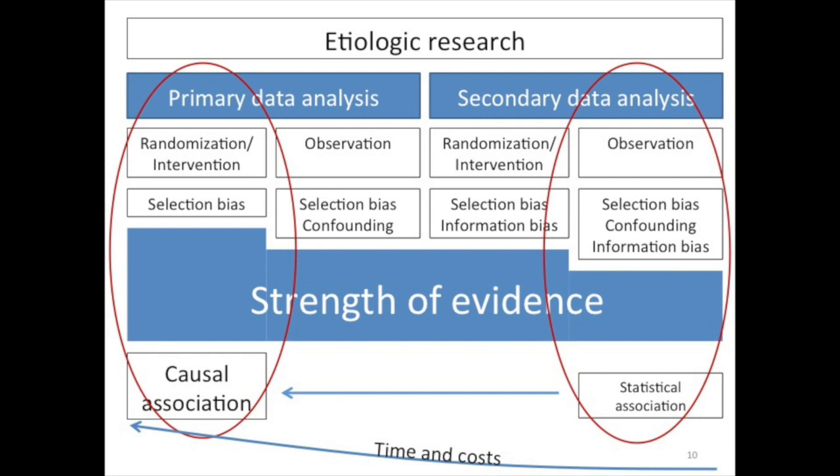On the other side of the scale, we have the observational secondary data analysis, where we are affected by a high risk of bias, and we have a lower strength of evidence, and we are studying statistical associations. But this will be quite a bit cheaper.